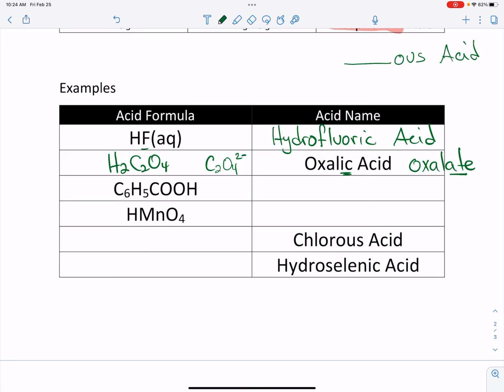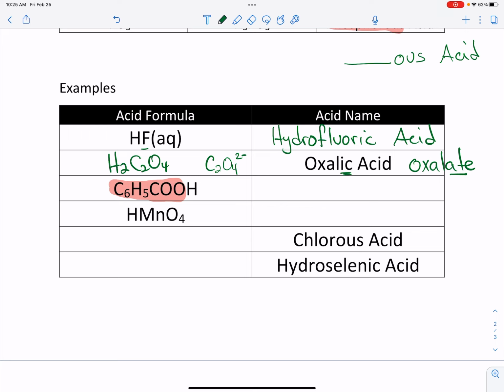All right, the next example, C6H5COOH. Well, I don't see hydrogen at the beginning of the formula, but I see this COOH, which I recall is the carboxyl group. So this is the organic acid. So then what I want to focus on is that entire beginning part of the formula, C6H5COO. So clearly this is not a binary acid because it's got more than 2 elements.